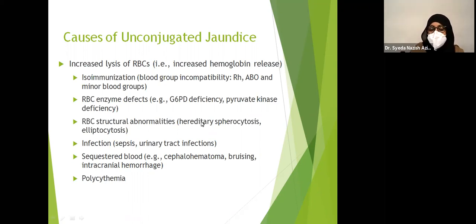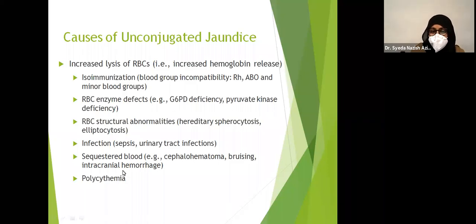Sometimes RBC structural abnormalities also make them more prone to break down easily, leading to pathologic indirect jaundice in newborns, like hereditary spherocytosis. Occasionally, but in our setting actually more commonly, infections can lead to degradation of RBCs and ultimately unconjugated jaundice, like sepsis or UTI.